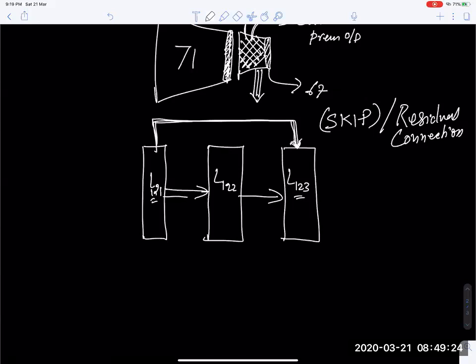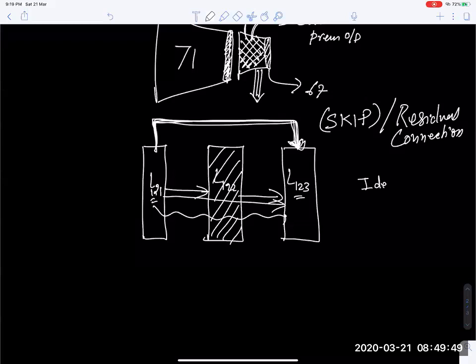It is already going in this direction as well, but I am also adding it from the top, and this will learn my identity. Suppose this layer is not able to do anything very good. Instead of things going only through it, I am directly sending things from the top. So it lets my network learn the identity as well as possible.